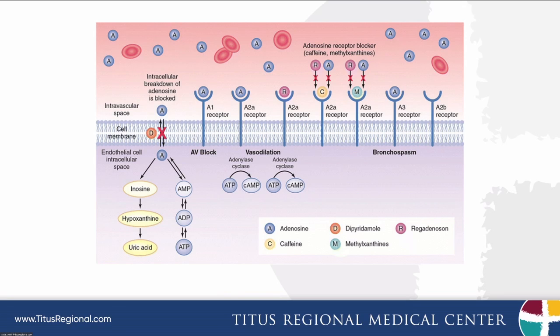There are other adenosine receptors it can bind to, which can cause high-grade heart block. And so again, in patients who have pre-existing heart block or bradycardia, we tend not to want to use these agents because they can exacerbate that problem during the test. Usually these things are all easily and quickly reversible, but we'd like to avoid them if we can.